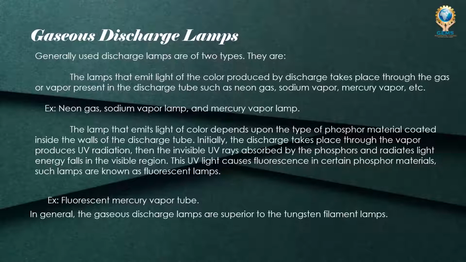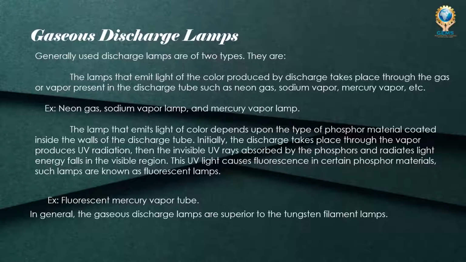These lamps emit light of the color produced by the discharge through the gas or vapor present in the discharge tube, for example neon gas, sodium vapor, mercury vapor. If the discharge takes place, it will emit the light. Examples are neon gas, sodium vapor lamp and mercury vapor lamp.